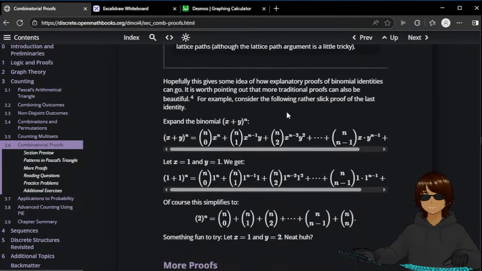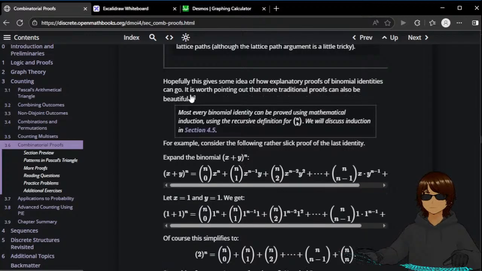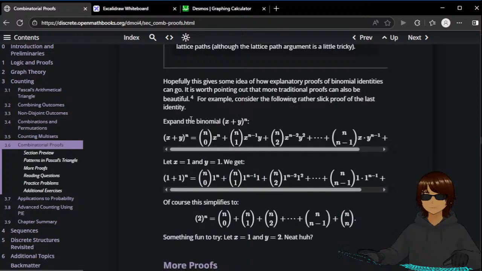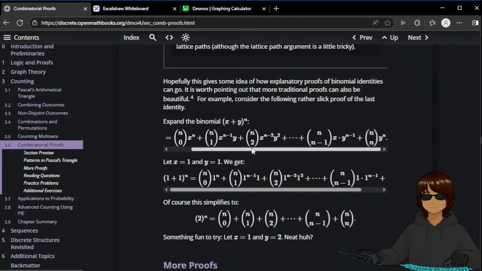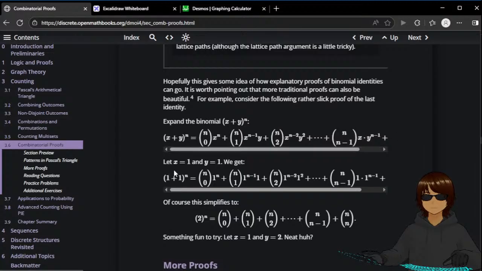I wonder if there's an algebraic proof. Expand the binomial (x plus y) to the power of n. Let x equal 1 and y equal 1.